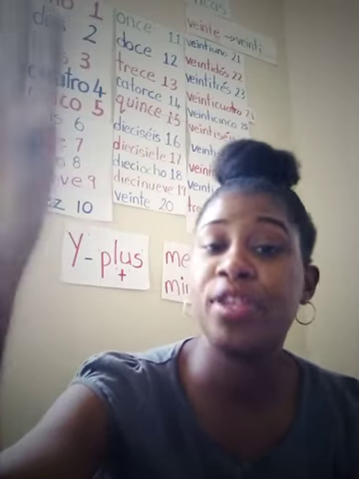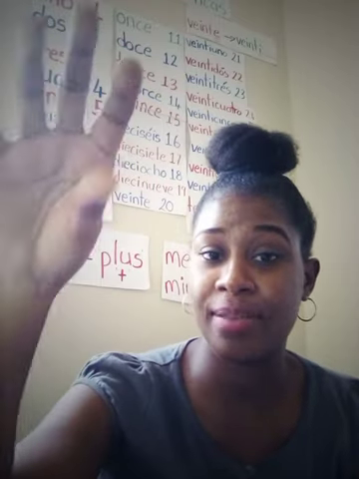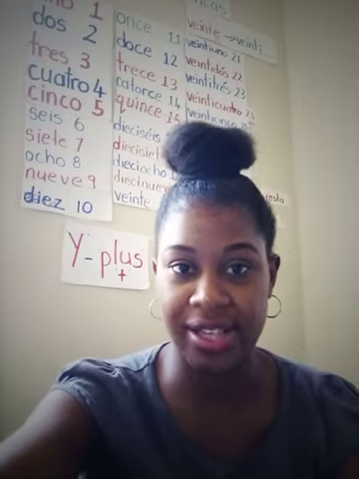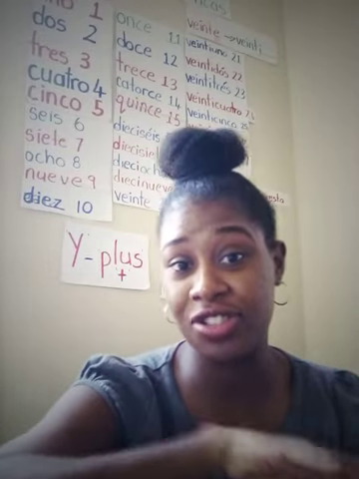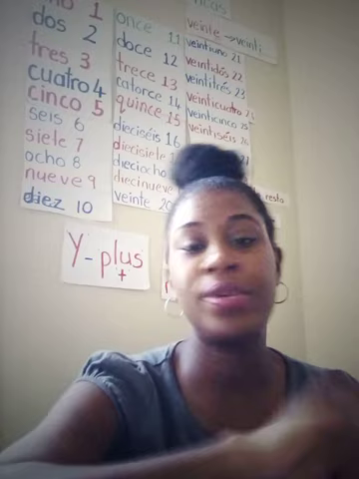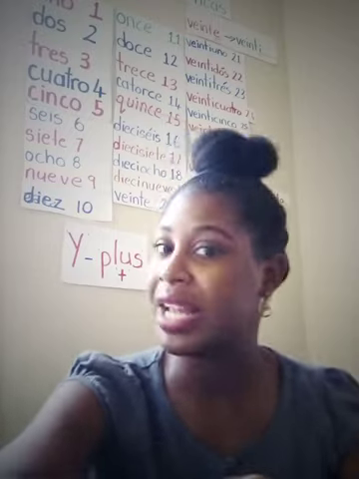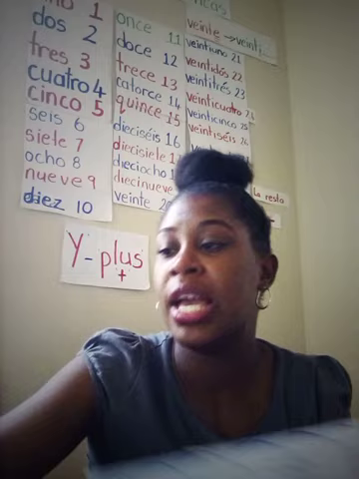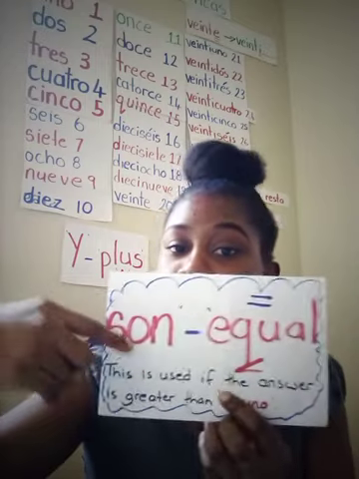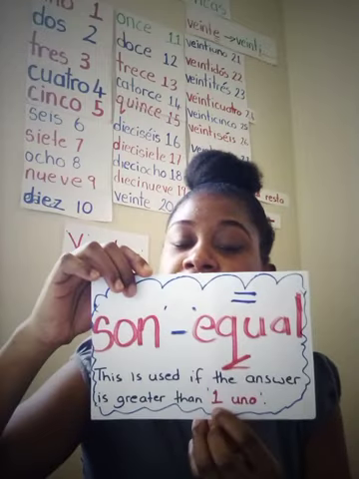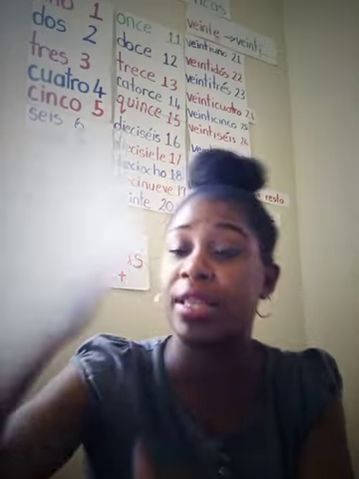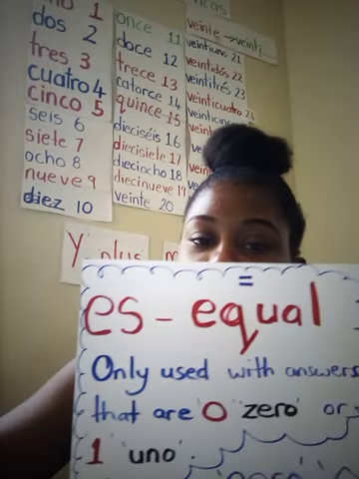Now, each time you choose an answer from the bottom and place it in the box, you can cross it off so you don't get mixed up when you move on to the other questions. All right, everybody? So I hope everybody understood what we're looking at today. We're still doing simple subtraction in Español, la resta, which means subtraction. But the only difference is that today, instead of using son for equal, because son gives us equal if we're talking about numbers greater than 1, we're using the word es, which also means equal.